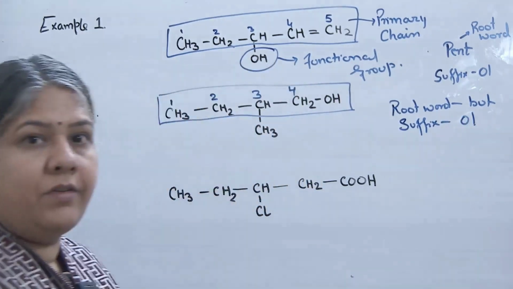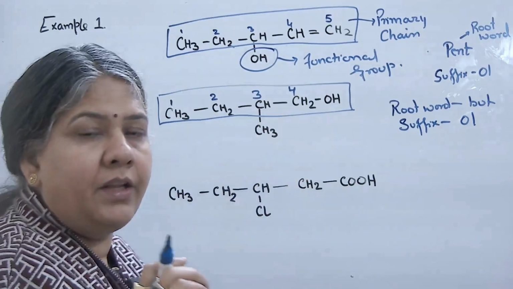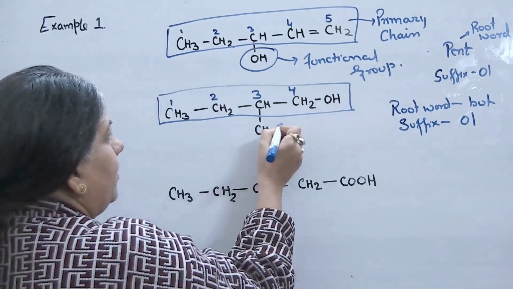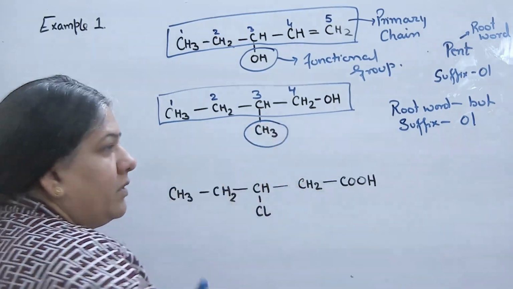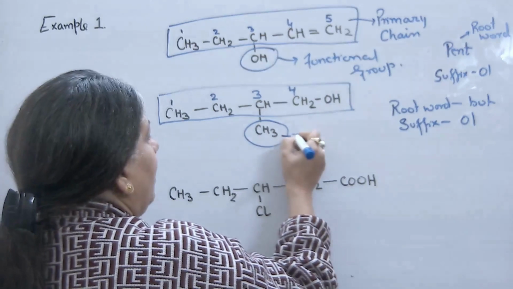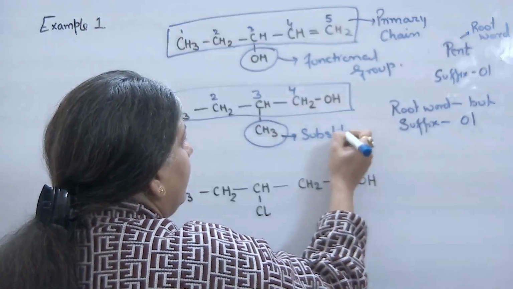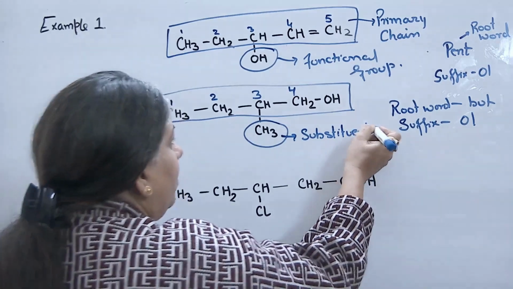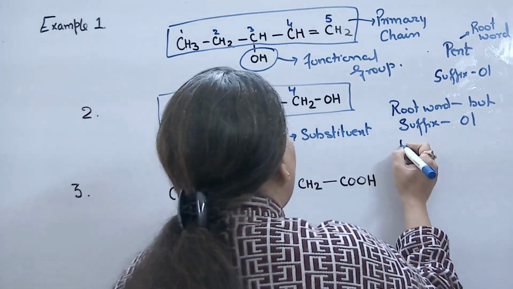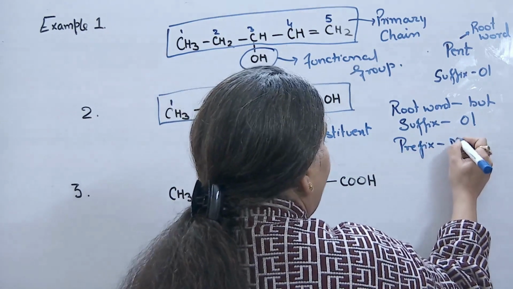Now whatever is left after finding the longest carbon chain and the functional group is the substituent. So this is the substituent which will come in the prefix. So now CH3 is the substituent, and you know substituents are named in the prefix. So the prefix will be methyl.